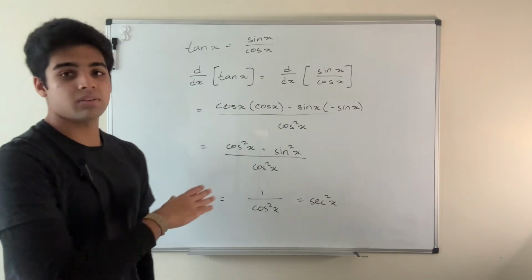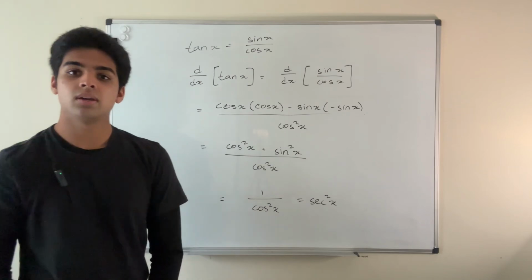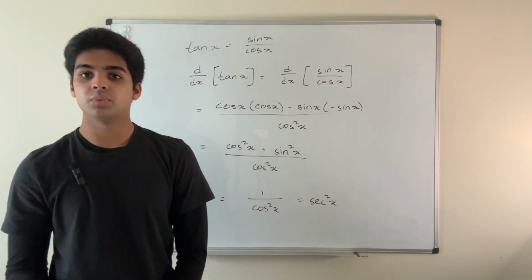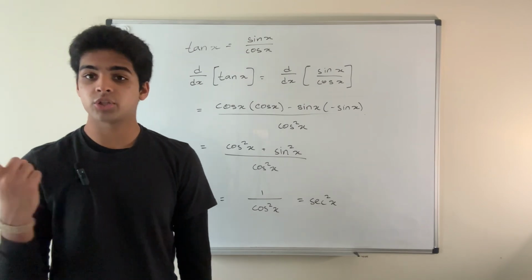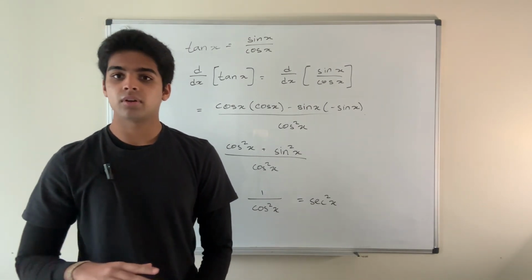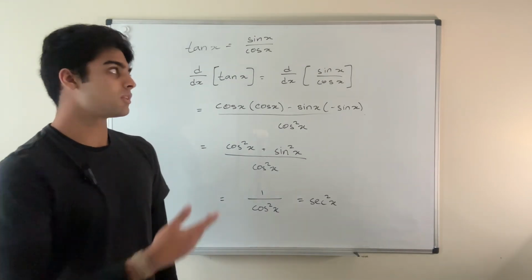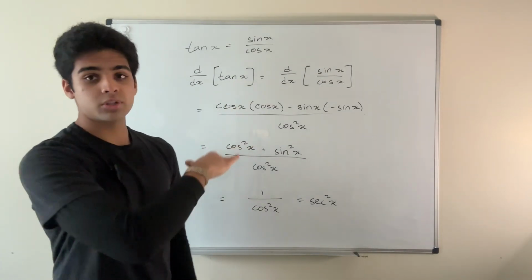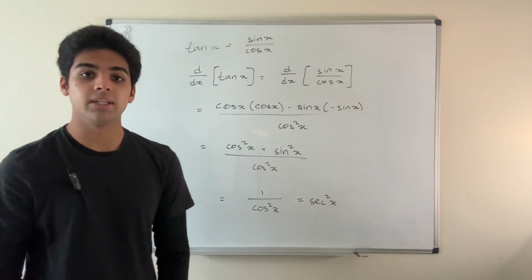Now, we can do this for every other function too, but I'm not going to, because I'm going to be honest, the easiest way to know the derivatives of all these trig functions is to just straight up memorize sine and cosine, right? And then for all of them, I'd also recommend just memorizing them, because in the long run, having to do quotient rule for every single trig function that you come across is going to become super tedious.